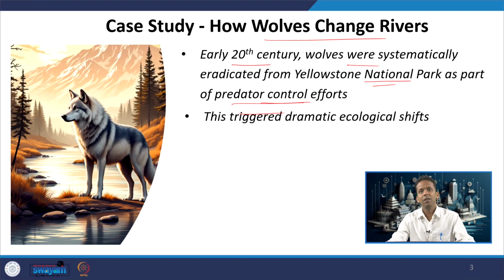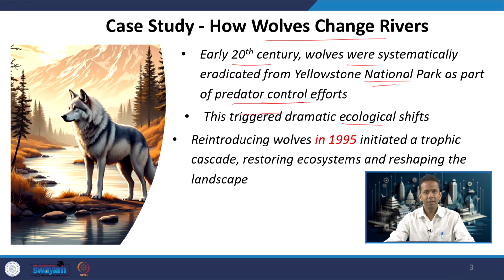So, what happened? This triggered dramatic ecological shifts. Because of the wolf population going down or being removed, a lot of changes happened in the ecology and the habitat around Yellowstone National Park. And then when the mistake was realized, the wolves were reintroduced in this park in 1995, which initiated a trophic cascade.